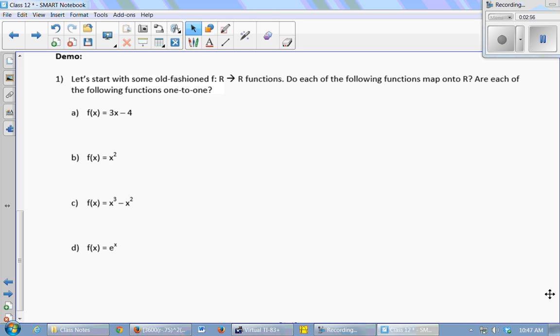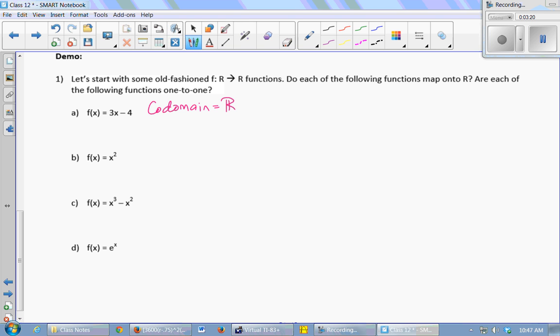Okay, so when I ask if a function or transformation is onto, I'm asking, can I produce any output from the codomain? So the codomain of this function is what? Real numbers. Okay, so the codomain is all reals. So my outputs are real numbers. Can I get every real number as an output using this function?